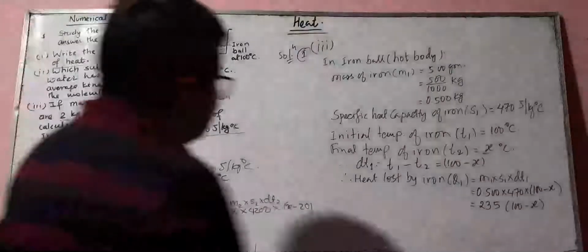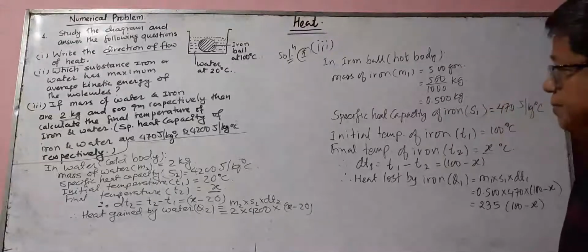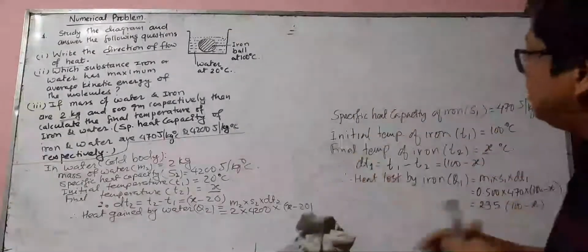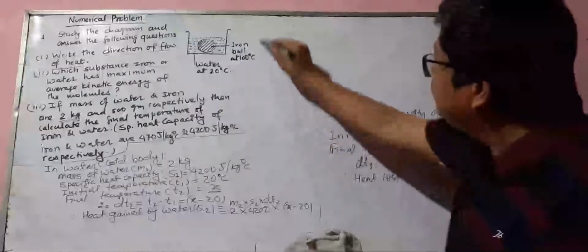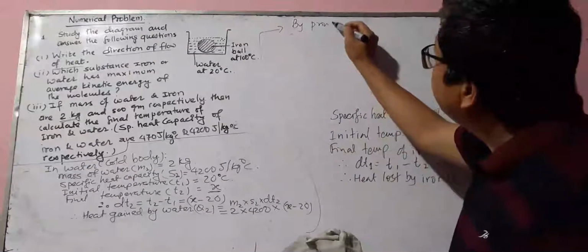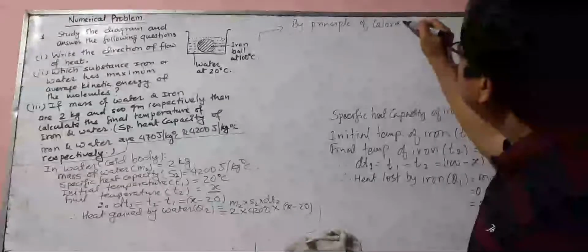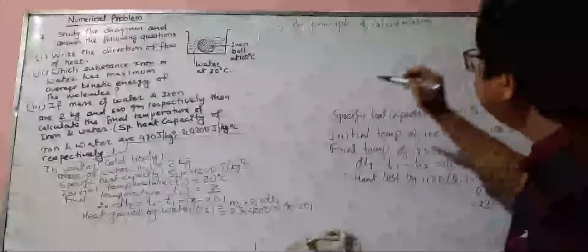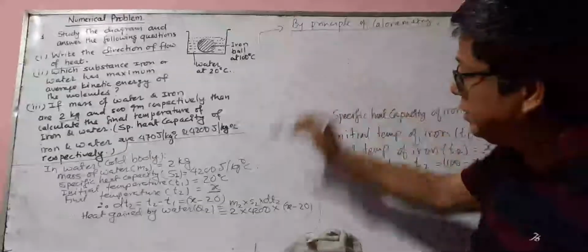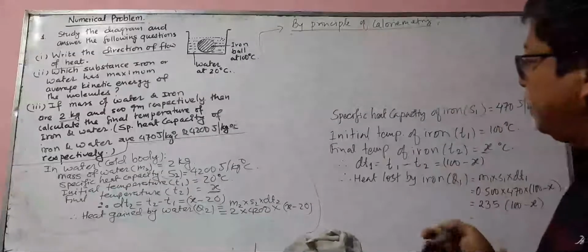Now by the principle of calorimetry, heat gained by the cold body is equal to heat lost by the hot body.